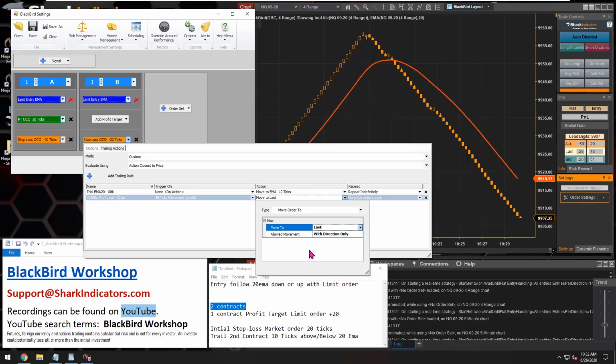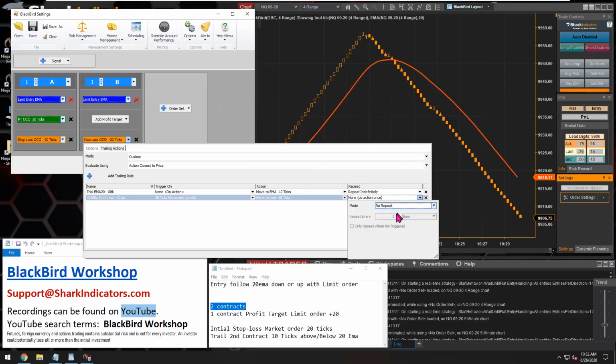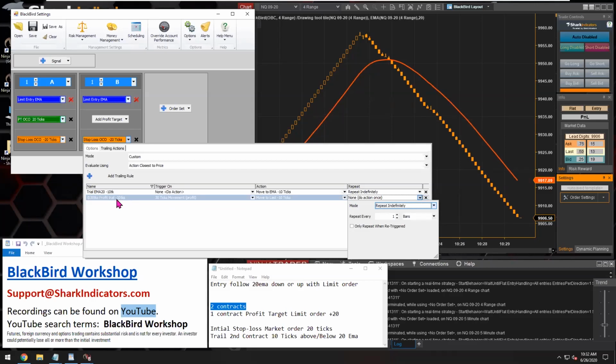Last thing to do is set the repeat here. So we're going to repeat indefinitely. And in this particular case, since this is just a straight out flat 10 tick profit target, you probably want your stop loss to update every single tick of profit.